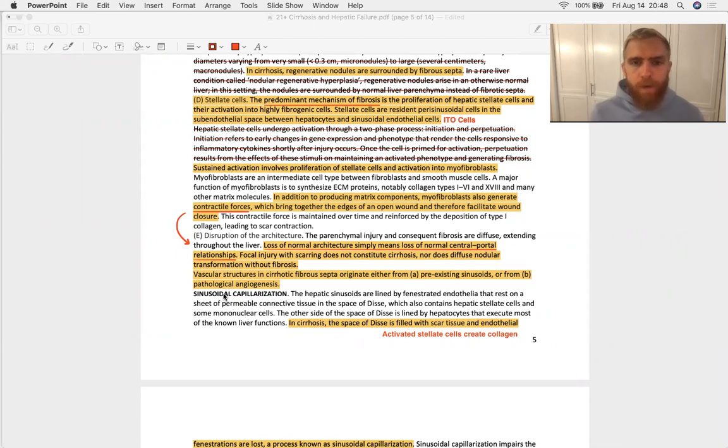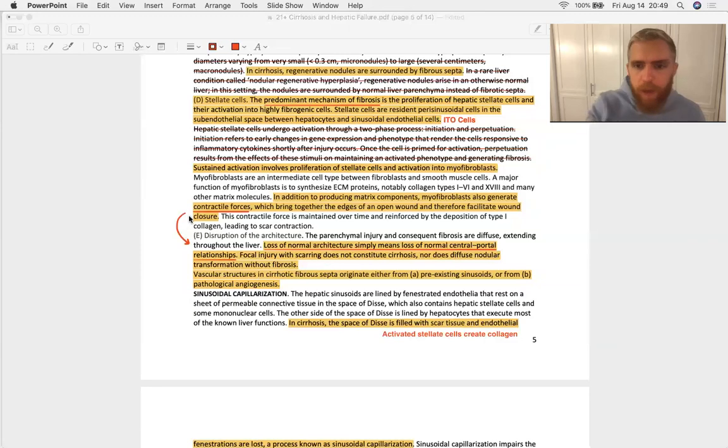Specifically, TNF-alpha is going to encourage stellate cells to transform into myofibroblasts and synthesize extracellular matrix proteins, notably a lot of collagen types. And in addition to producing matrix components, these myofibroblasts contract, which is what brings together an open wound and facilitates wound closure.